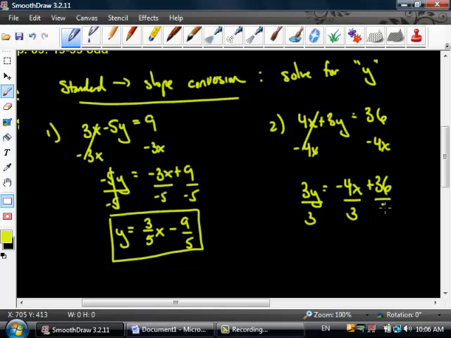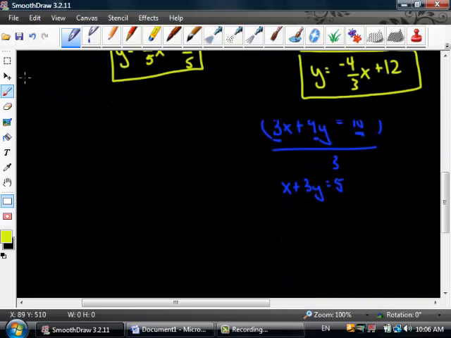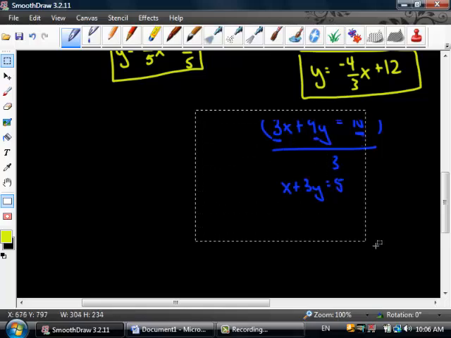Divide by 3 on all three counts. You get y equals negative 4 over 3x plus 12. Raise your hands if you were able to beat me to that answer. Okay, let me give you guys a couple of these to do on your own, and then we'll reconvene in a few minutes here.